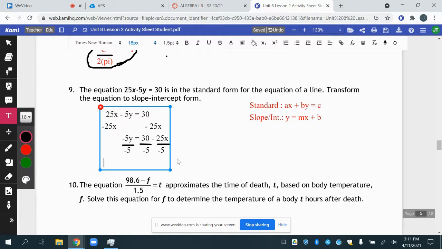So negative 5 divided by negative 5 is just positive 1, or just y. Now here we have 30 divided by negative 5, so it's going to turn from a positive 30 to a negative, whatever 30 divided by 5 is, which is negative 6. And then when I divide negative 25 by negative 5, the negatives cancel out, and you end up with 5x.